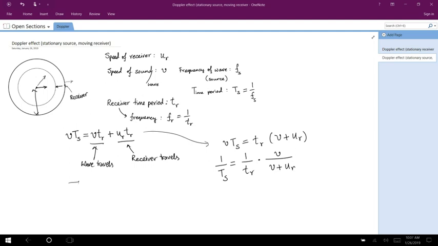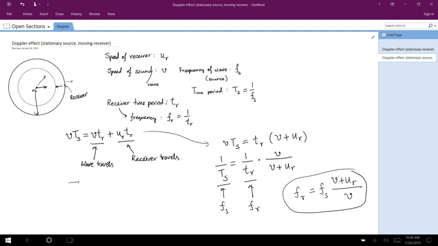But 1 over TS is just FS, and 1 over TR is just FR. So that also tells us that FR is equal to FS times V plus UR divided by V. Okay, so that's how the frequency changes if the receiver is moving toward the source.